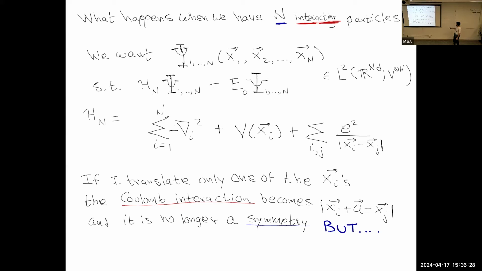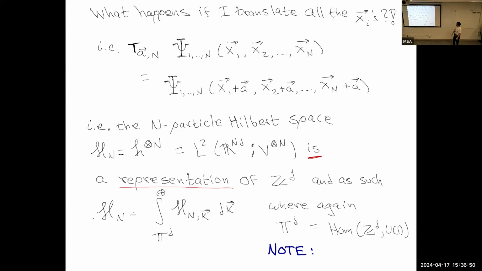It's just what you would expect of having ions and having Coulomb interaction. If I translate just one of the xi's, then this Coulomb interaction changes, and this is no longer a symmetry. So this will not commute with translation in just one coordinate. But it does commute with translations in all of the coordinates.